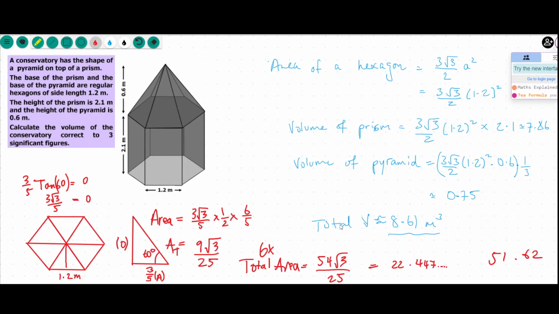So multiplied by 1/3. Yeah, there I go. I get something slightly off though. It's really strange. I get 8.604828.